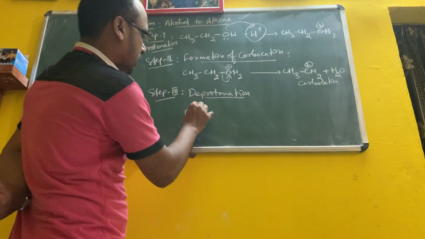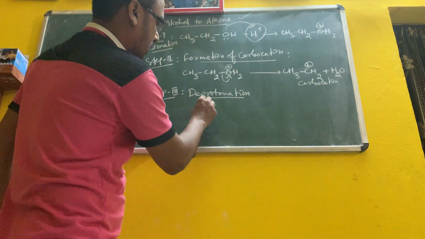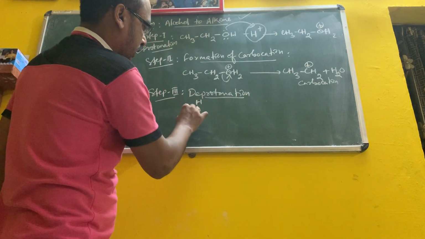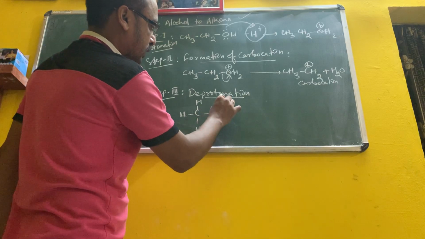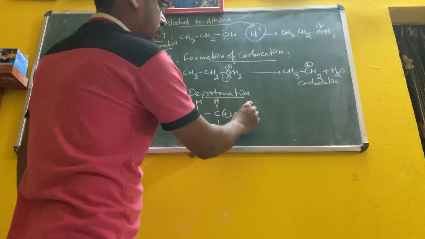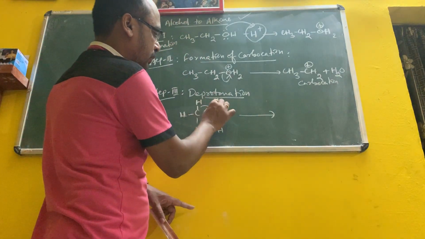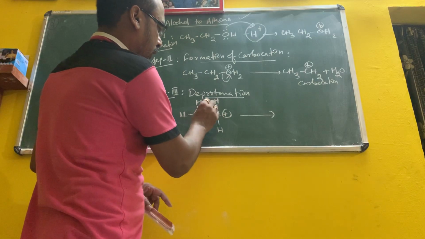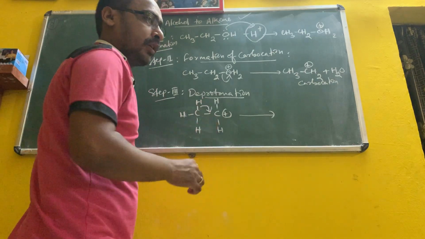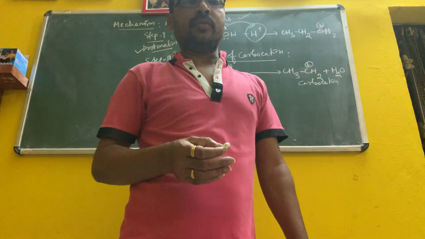Deprotonation: that is your CH3. I am expanding this for understanding. Here carbon is positive, so this bond will be attracted to form a double bond. In previous classes, in class 11, we have read that this is known as hyperconjugation.